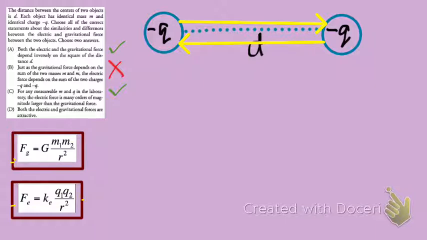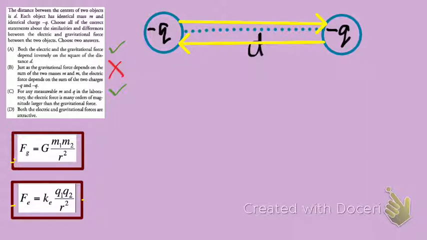So if there are two charges that are the same sign, then they're repulsive, and if they're different signs, for example, if this Q was positive and that Q was negative, it would be attractive.